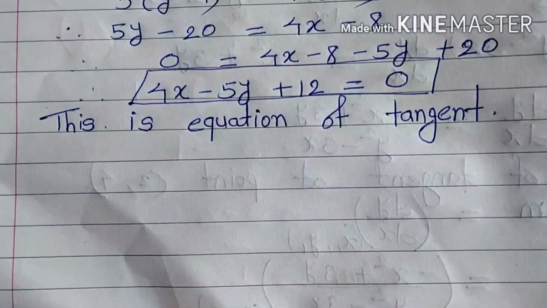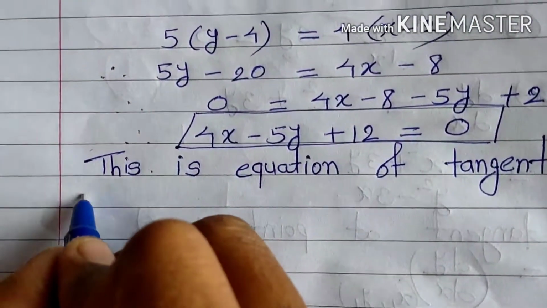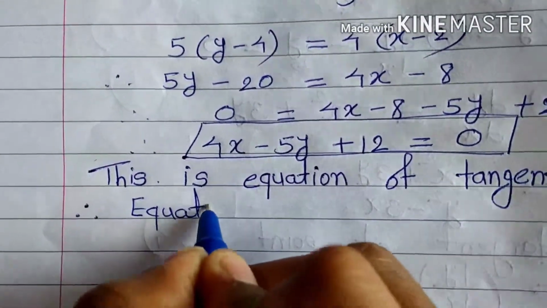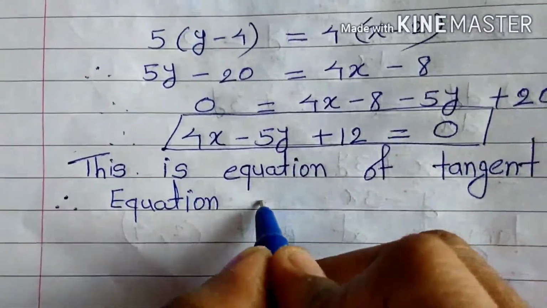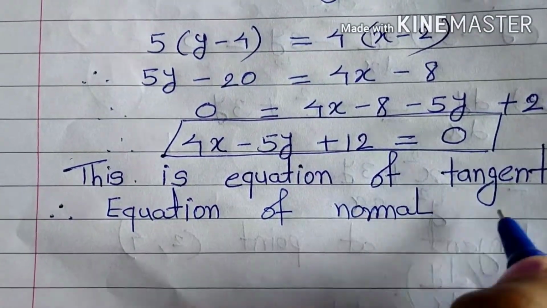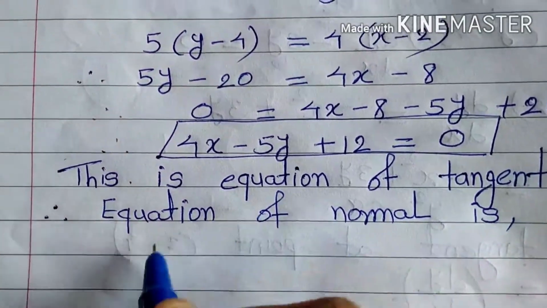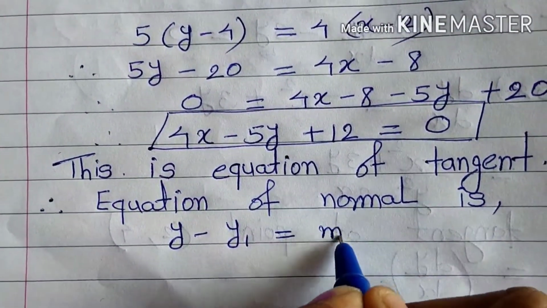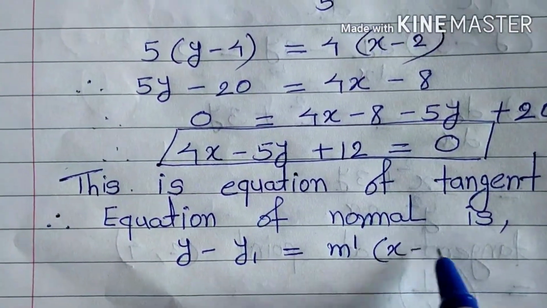Now we have to find the equation of normal. Therefore, equation of normal is y minus y1 is equal to m dash into x minus x1.